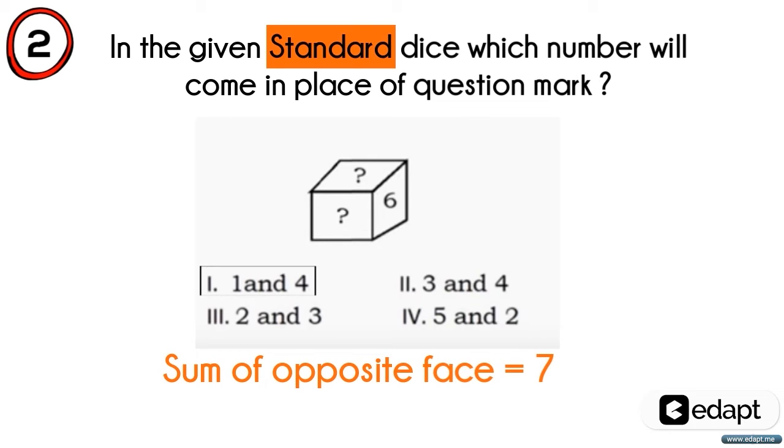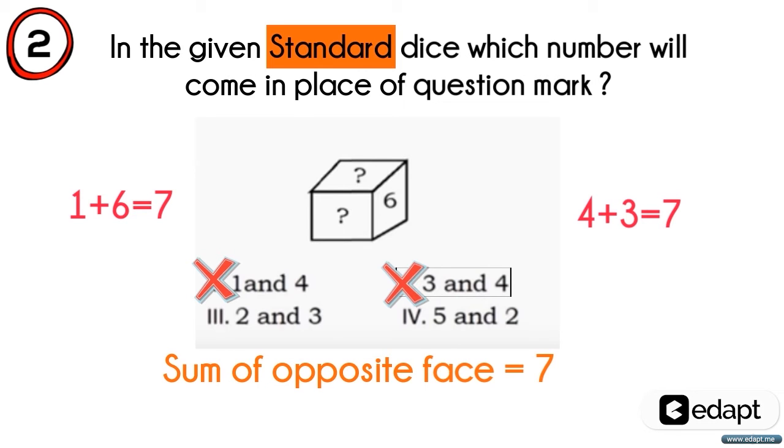It never comes because 1 comes opposite to 6 to make 1 plus 6 equal to 7. Hence, it is cancelled. Option number 2 is also not possible as 4 plus 3 is equal to 7, so they must be opposites to make a standard dice.